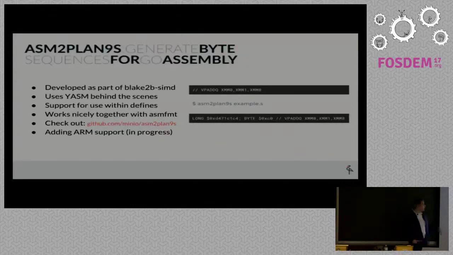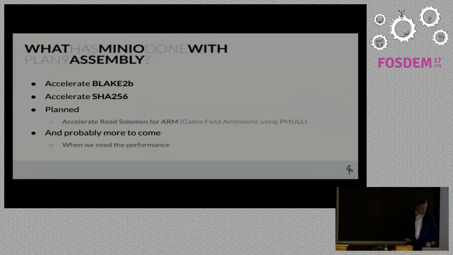You write your instruction as you would regularly in assembly, then you run the tool on the file, and it will prepend that instruction with the actual opcodes that will go into the byte stream that will be executed. That has worked nicely for us.